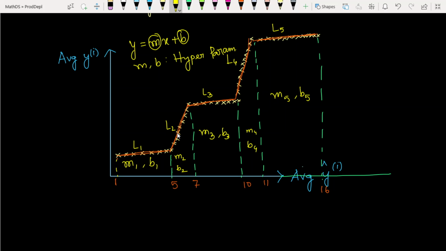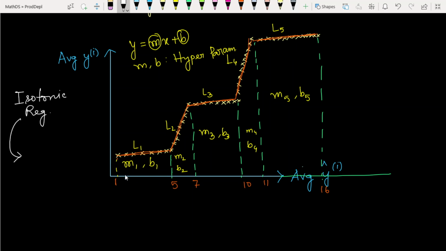Okay. So the simple job that we are going to do in isotonic regression is to find a piecewise linear model. Just say it is linear, but it is piecewise.